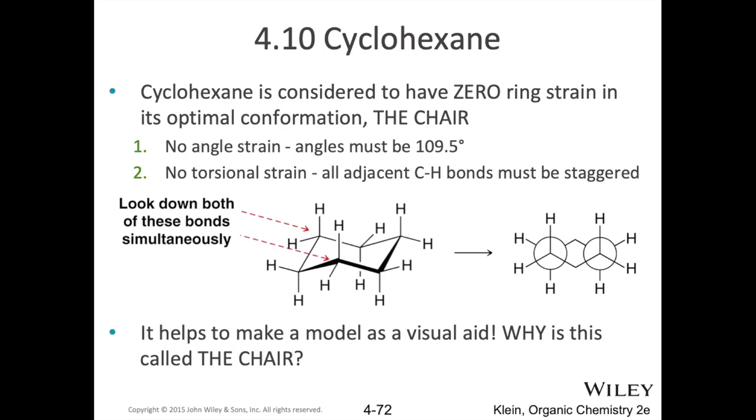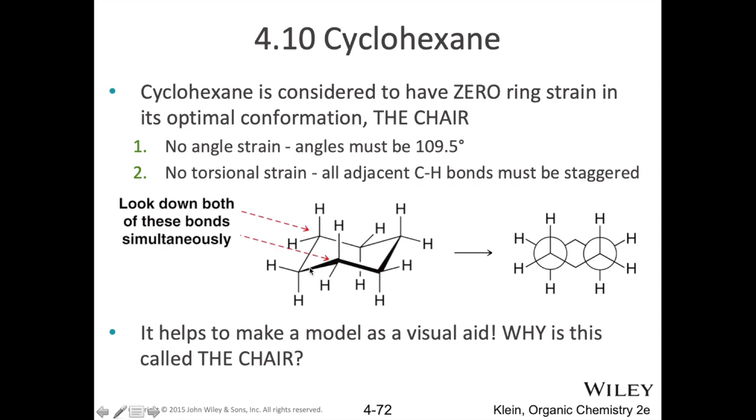Cyclohexane, as I pointed out, has no ring strain because of the way it puckers itself to get rid of that strain. You get a puckered structure with carbon atoms alternating up and down, and that gets rid of torsional strain.